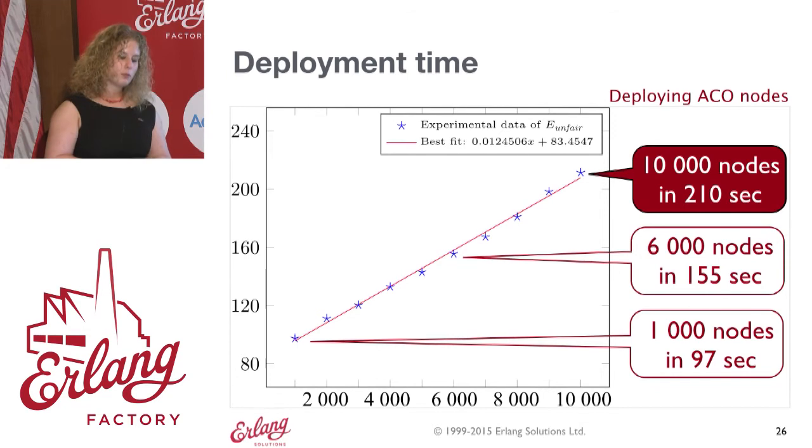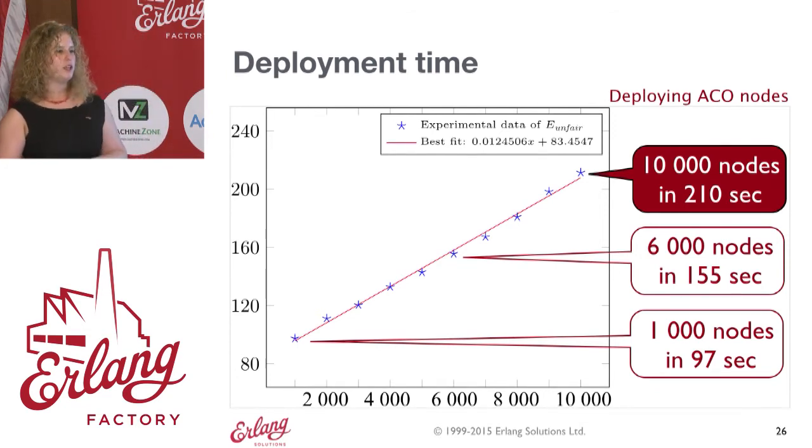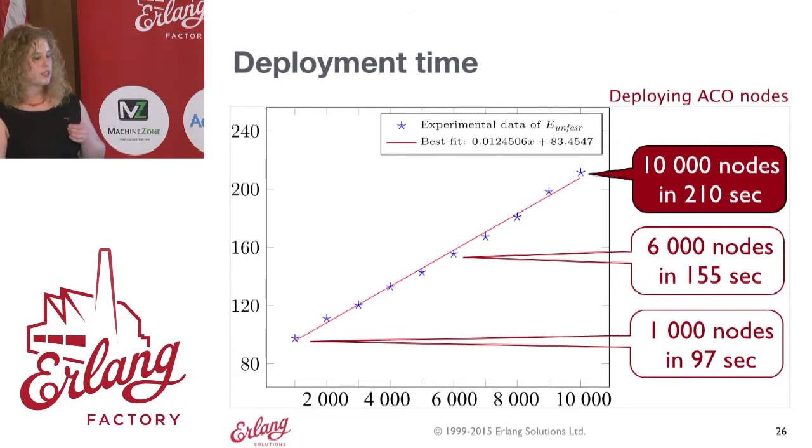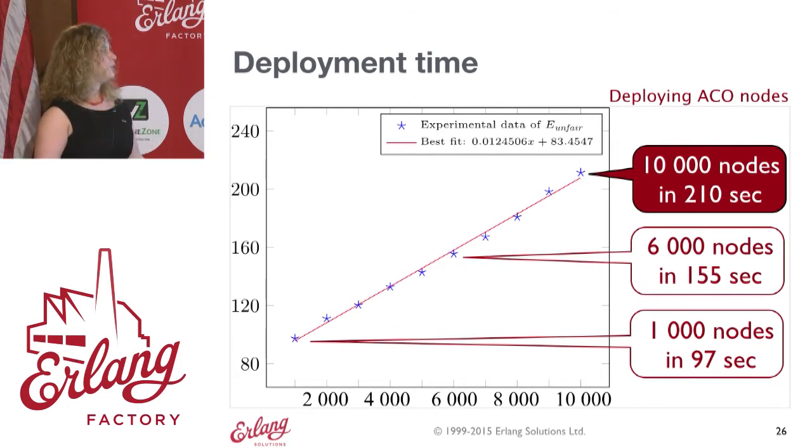And here, the main observation is that the required time can be expressed linearly with the size of the input. For instance, hundreds of nodes can be deployed in 2 seconds. Let's see a concrete example. So we deployed 10,000 nodes within 210 seconds using 67 worker wombats on 139 machines.